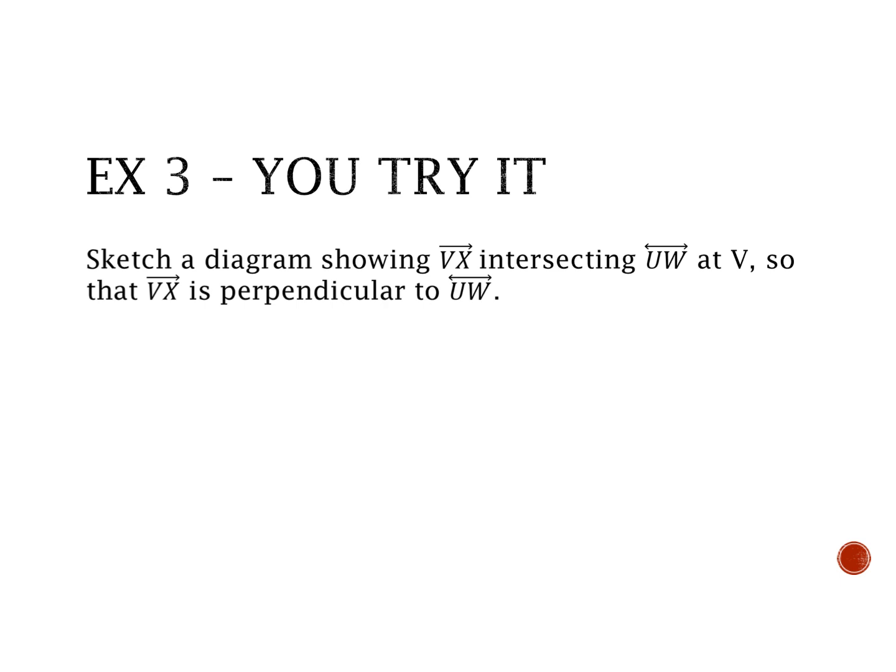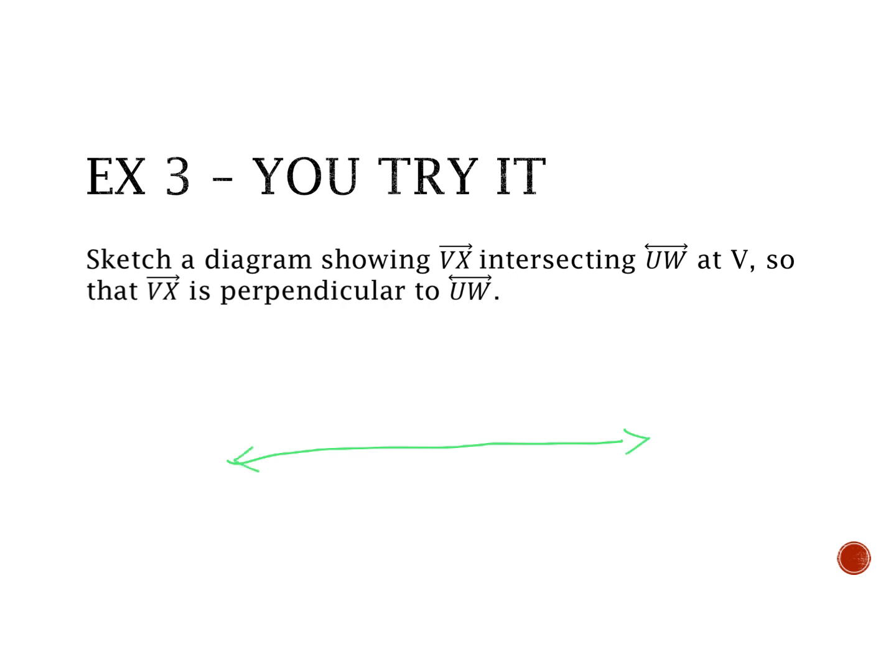So for this one, it says sketch a diagram showing that ray VX intersects line UW at point V so that ray VX is perpendicular to line UW. So the first thing I'm going to do is start out by drawing a line.